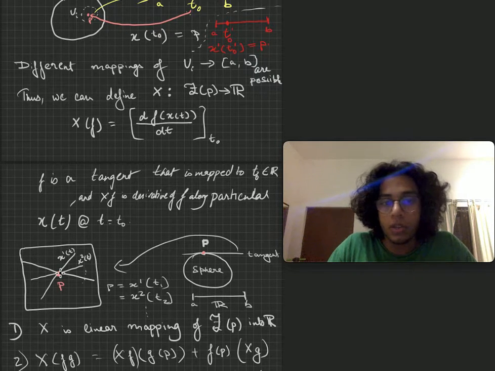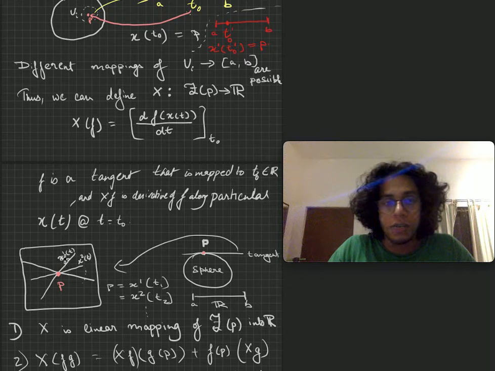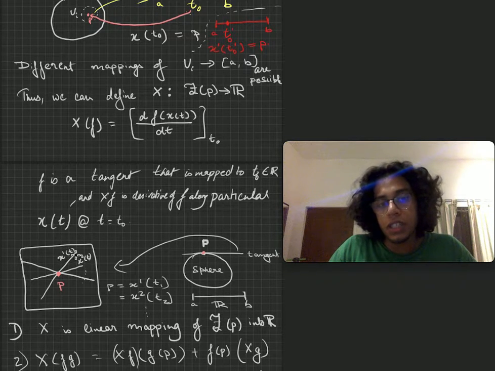So if you take the top view, or if you take the plane of the tangents, you have a family of straight lines, and you can label each straight line as x1 of t, x2 of t, x3 of t, and so on.